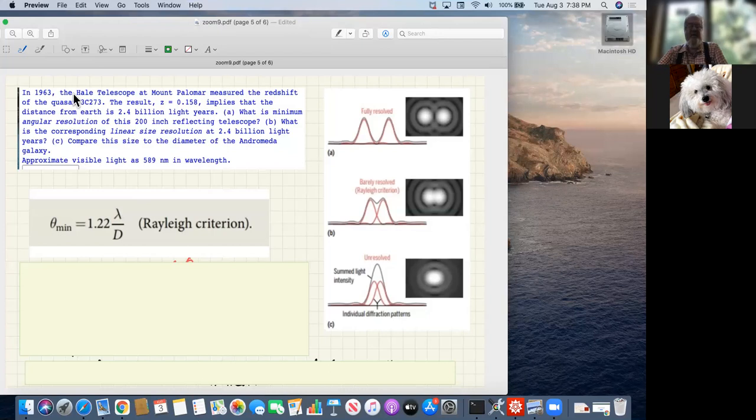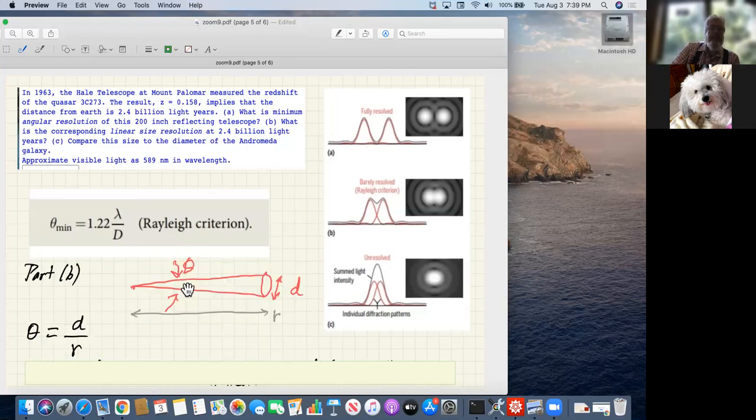Here's another example of diffraction. Whenever a wave, not just light, but any wave, could be a water wave or even a sound wave, whenever a wave goes through an opening, it spreads out in all directions. And there may be interference of waves coming from different directions.